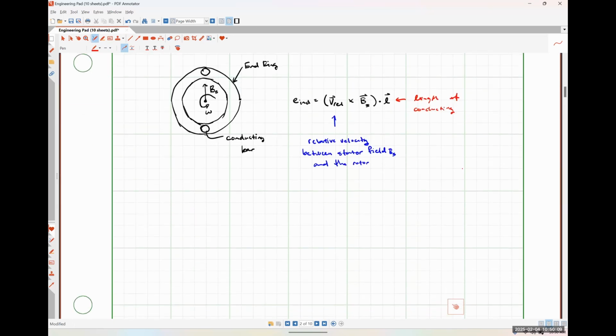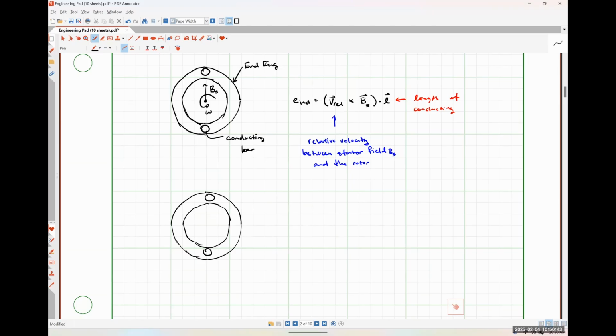So if we had a situation to where, to draw my rotor again down here. So let's say, since I have a closed loop, I have some induced voltage, and these bars are going to have some amount of resistance, right?